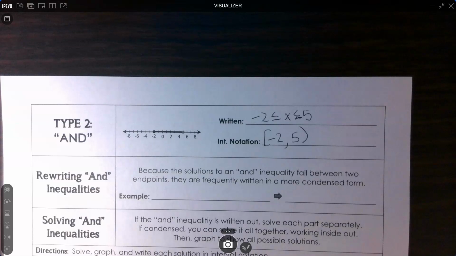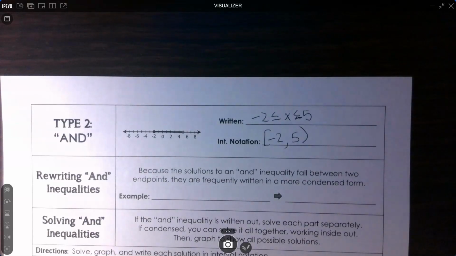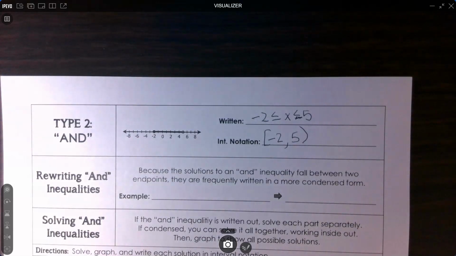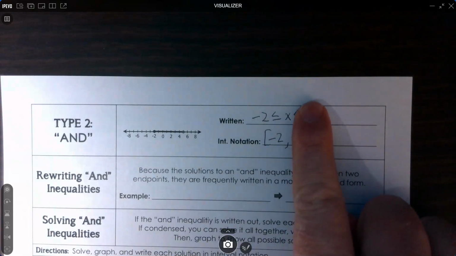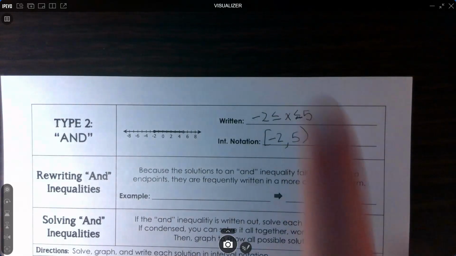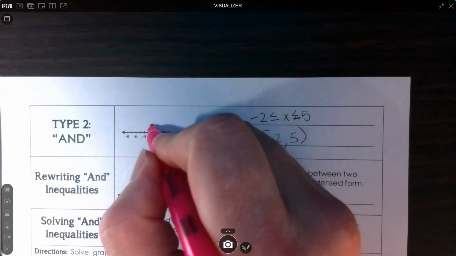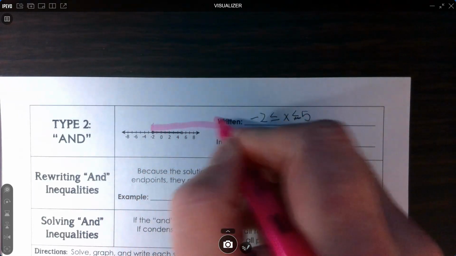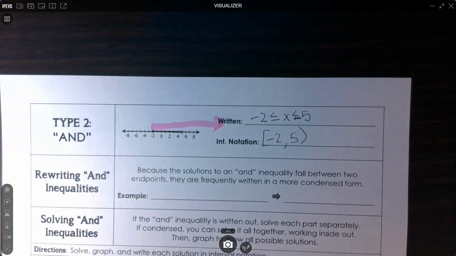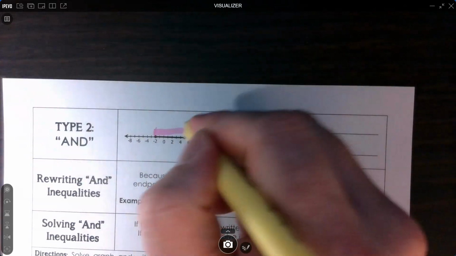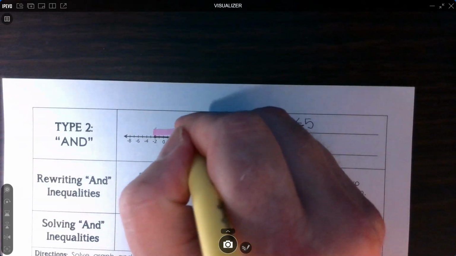Let me graph and show you what I mean. That first one that I was showing you, x is greater than -2, looks like this. Now, if I were to do x is less than 5, then I would do this.